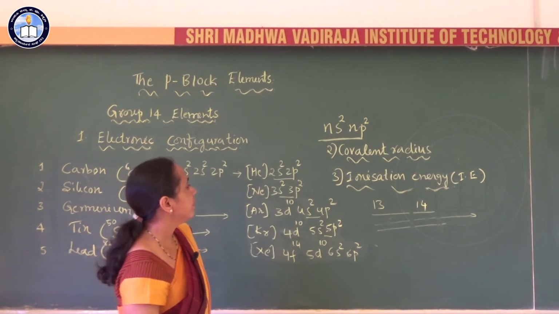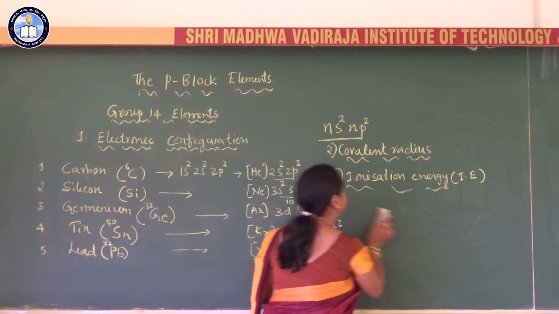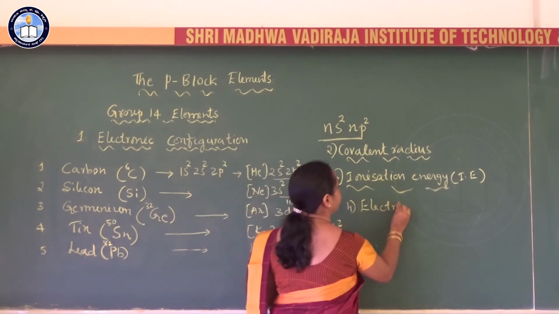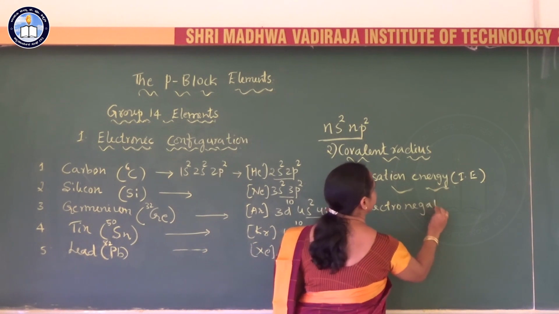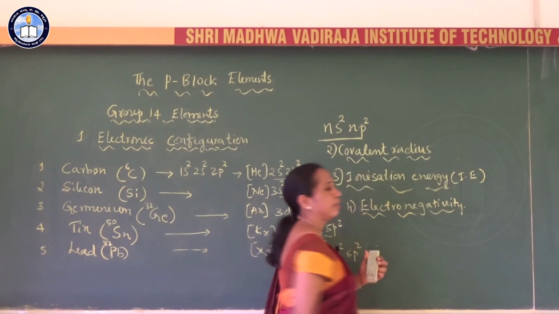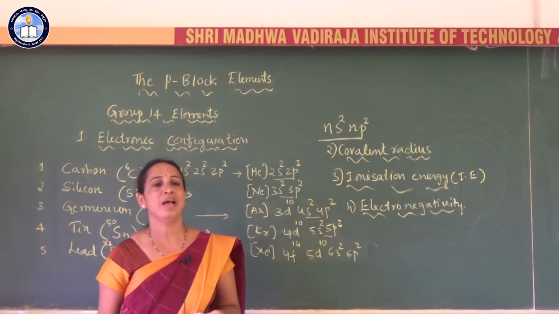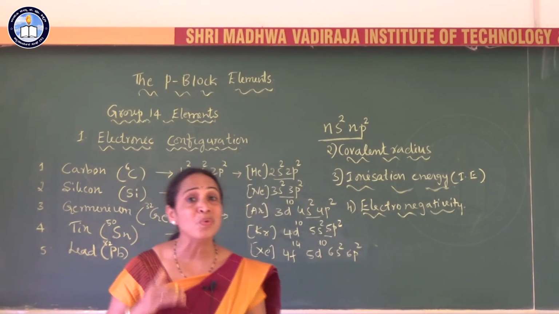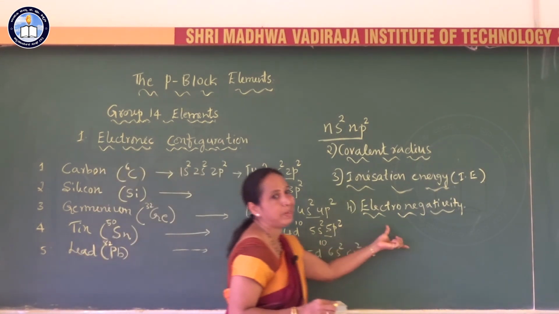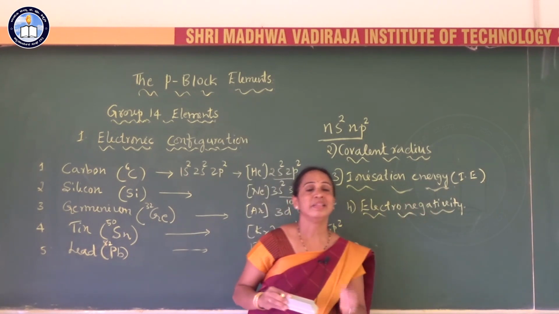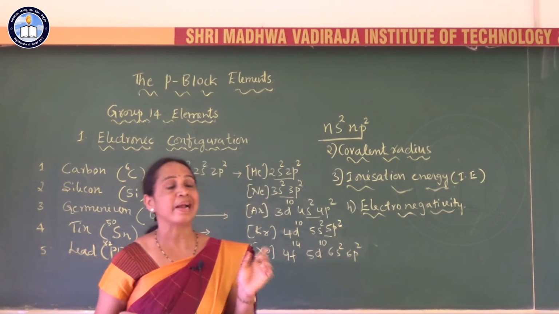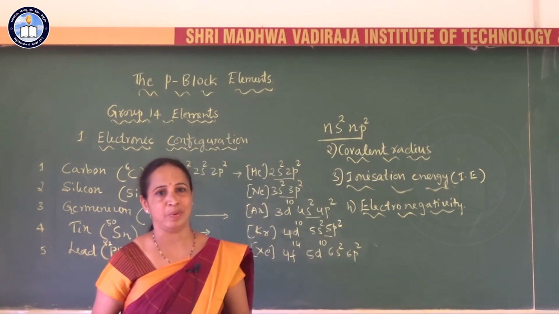Now let us consider the next property, the fourth one, electronegativity. Usually 14th group elements are more electronegative as compared to 13th group elements, because they are smaller in size compared to the corresponding element of the 13th group.